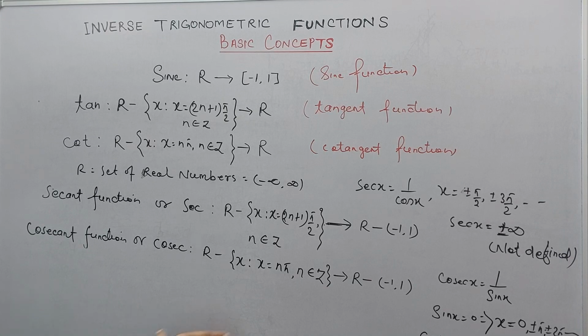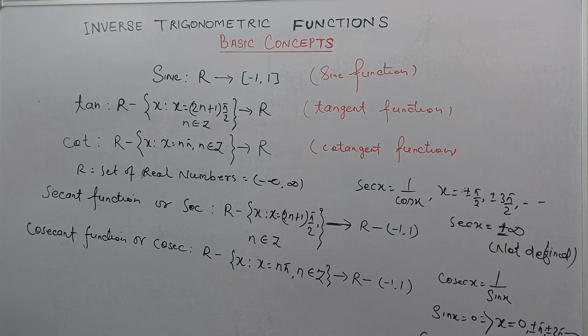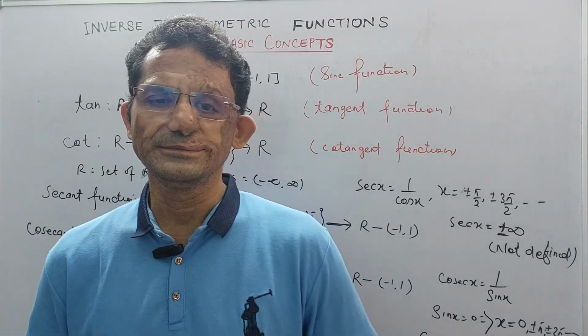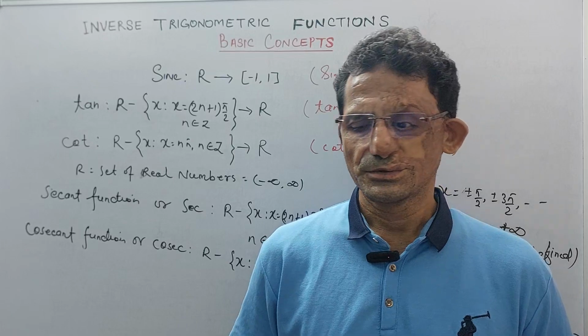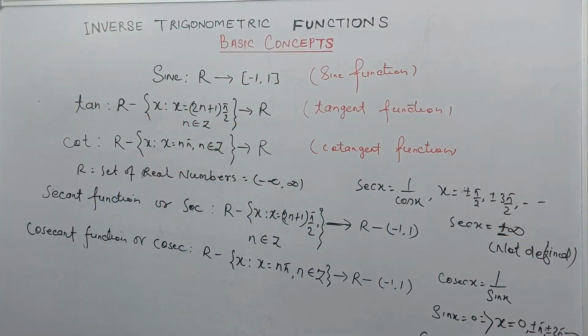So these are some basic concepts of the six trigonometric functions, and these all are not one-one functions. These all are many-one into type of functions. Next we have to discuss, one by one, the inverses of these six trigonometric functions.